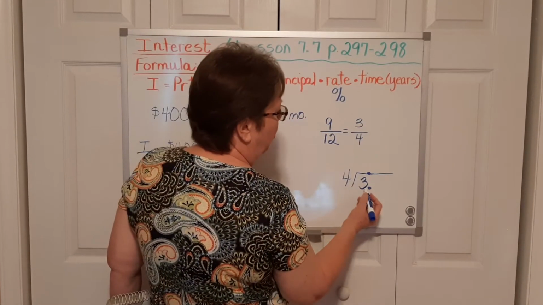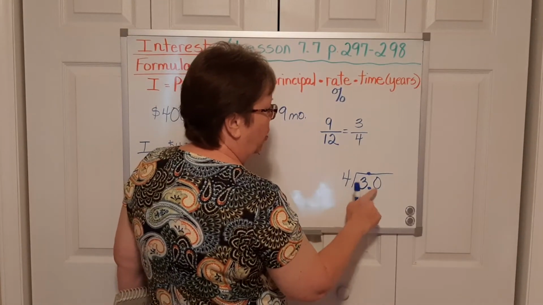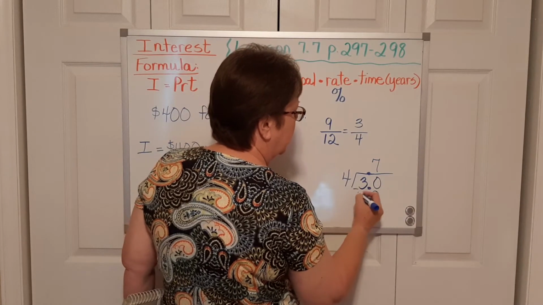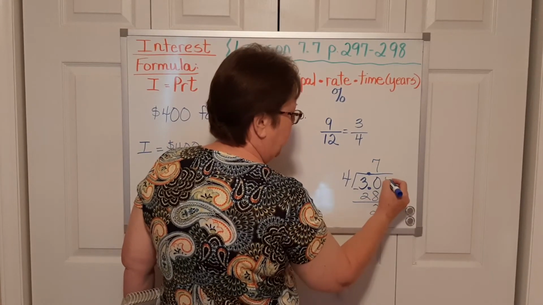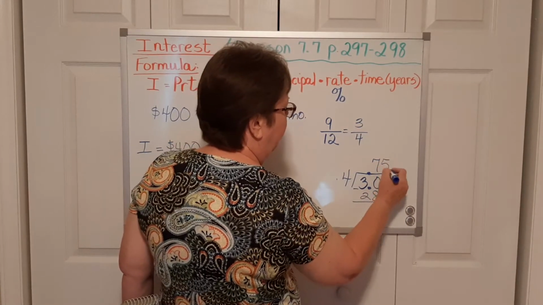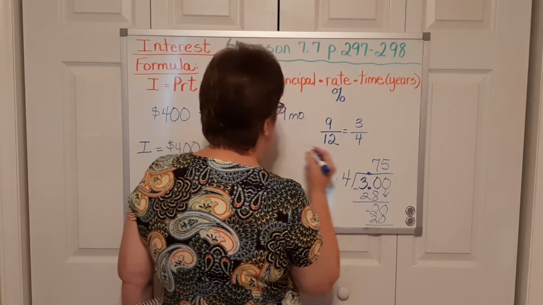All right, 4 won't go into 3, so we put a decimal point and a 0. So 4 goes into 30 7 times. 4 times 7 is 28. Subtract, we get 2. Let's add one more 0 and bring it down. 4 goes into 20. 5 times 4 times 5 is 20, okay? So we have 0.75.